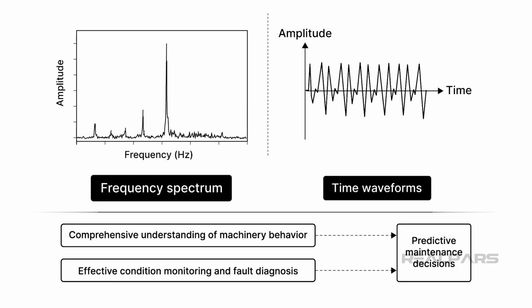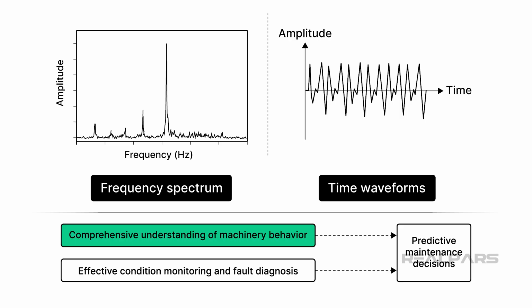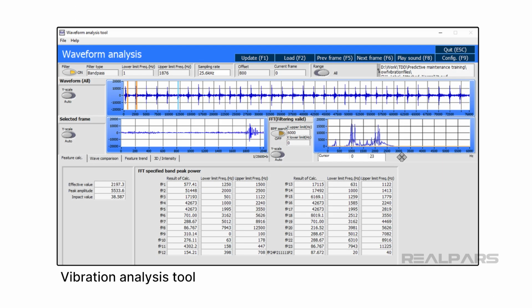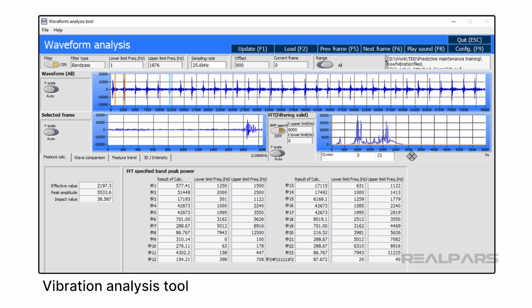Studying both the time waveform and the frequency spectrum of machine vibration signals provides a comprehensive understanding of machinery behavior, enabling effective condition monitoring and fault diagnosis, and ultimately results in predictive maintenance decisions. Omron has developed an easy-to-use vibration analysis tool.